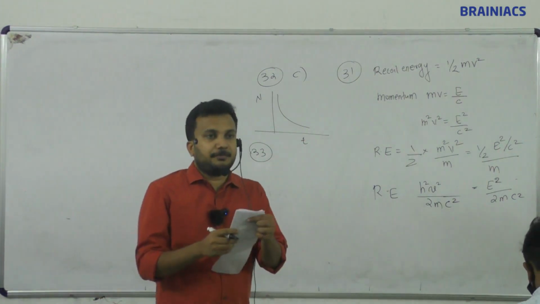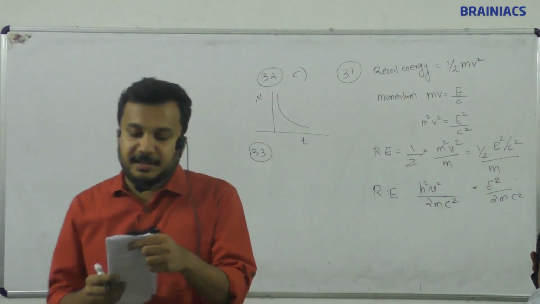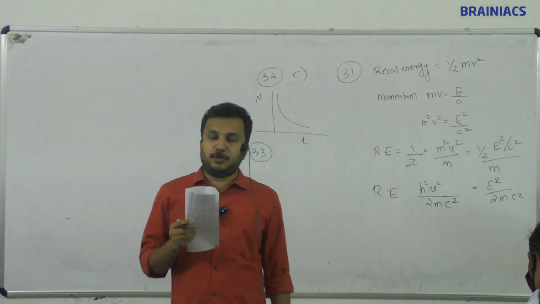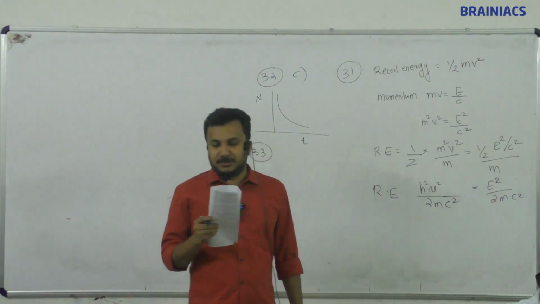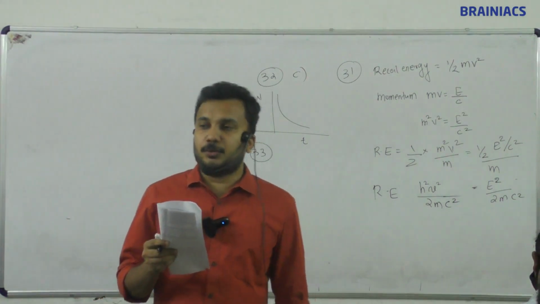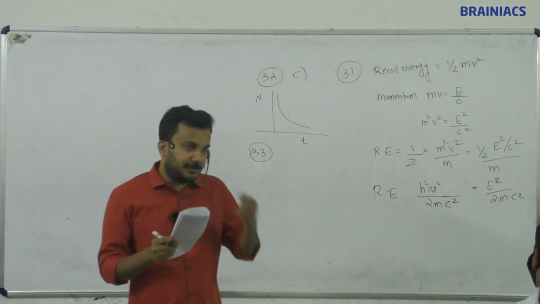The nucleus of mass M plus delta m is at rest and decays into two daughter nuclei of masses M by 2, each with a speed v. How to find out the speed of the daughter nuclei?